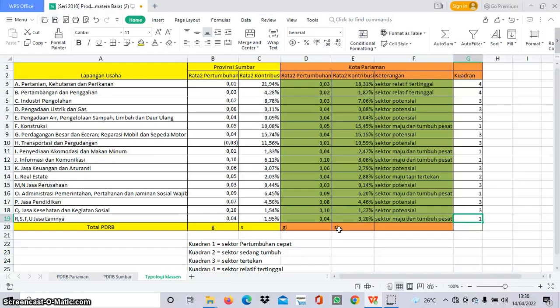And number third, potential sector that is still developing rapidly, quadrant 3.